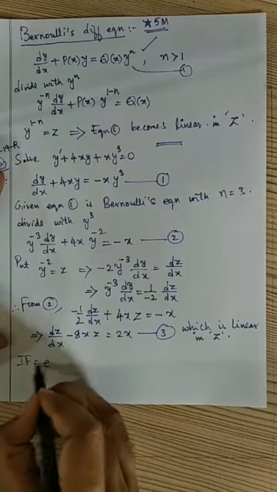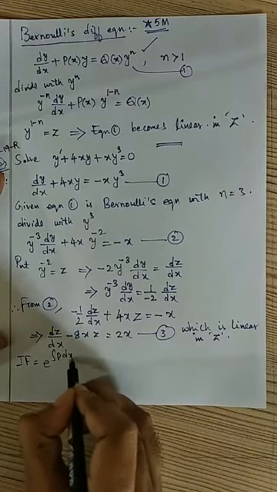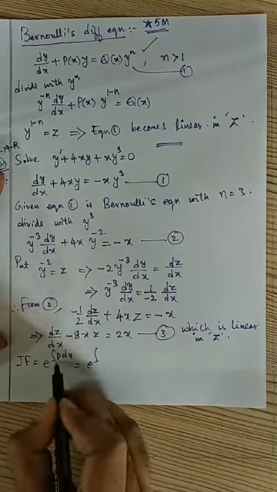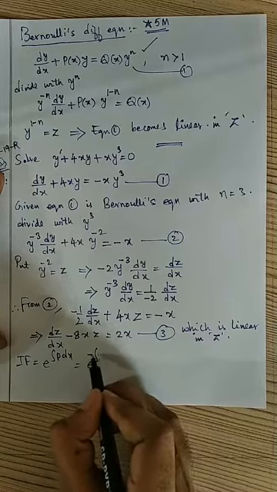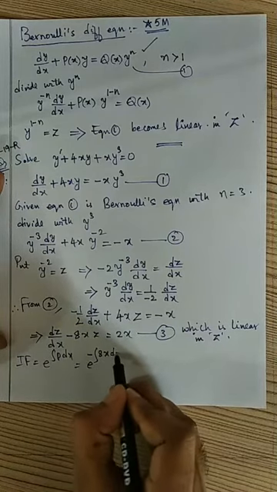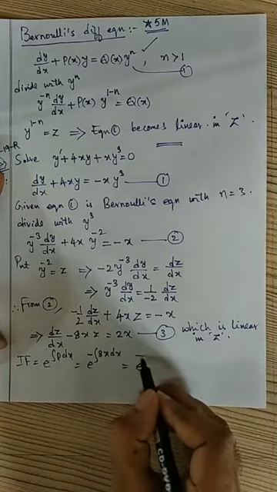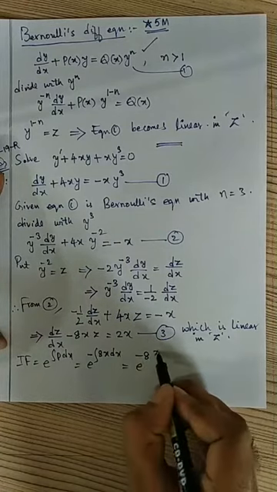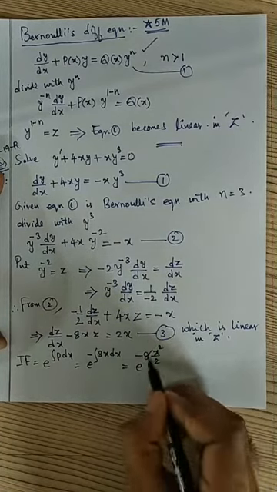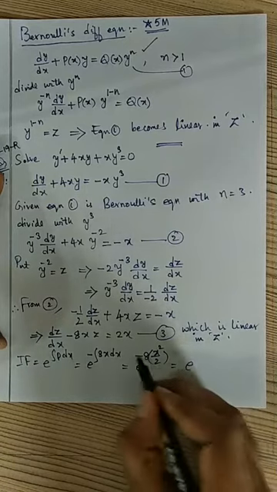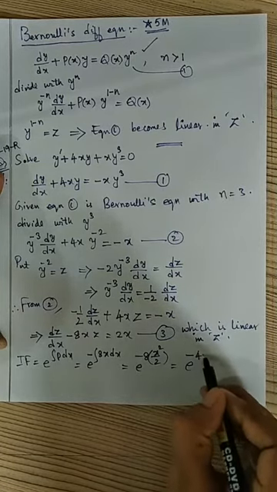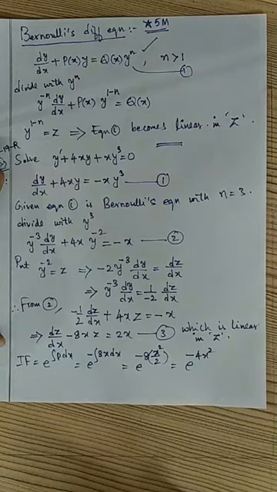Integrating factor is e power integral p dx, which is equal to e power integral, what is p here? Minus 8x into dx, which is equal to e power minus 8, integration of x is x square by 2. So what we will get? e power minus 4x square. This is the integrating factor.